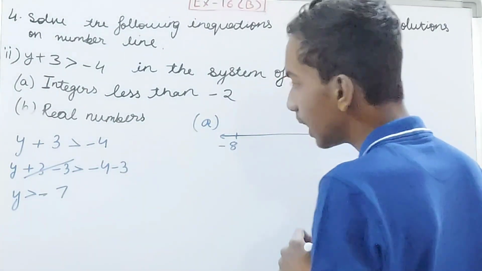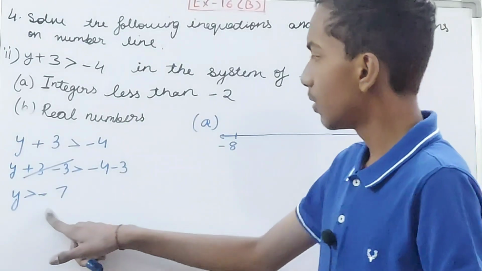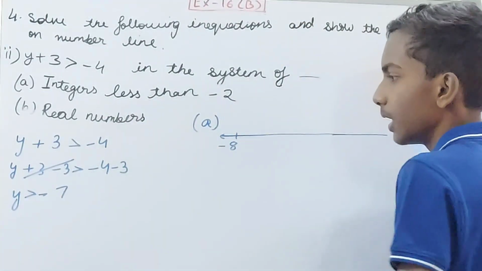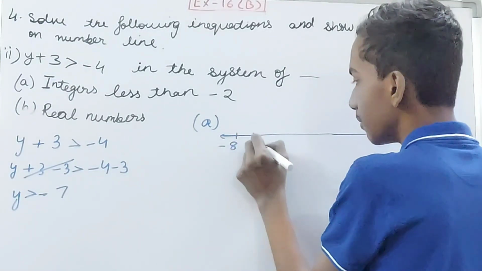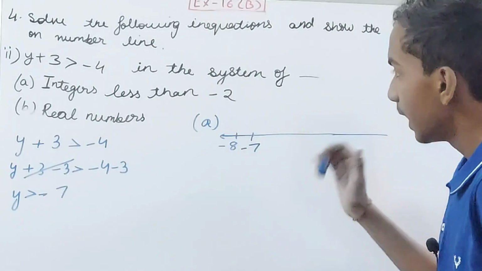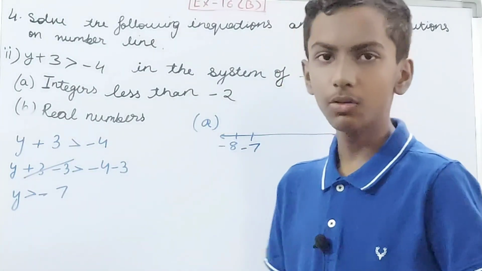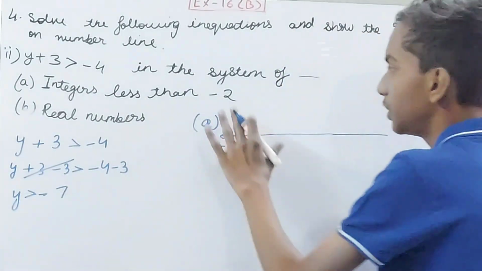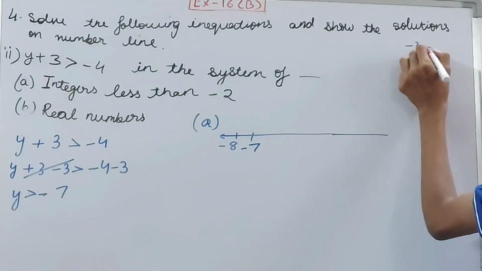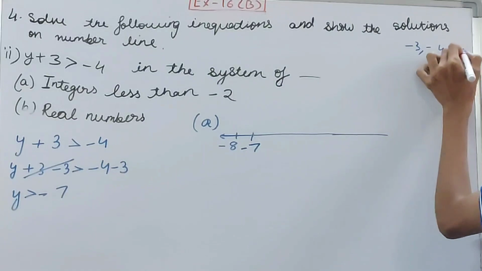Now, it is greater than minus 7, and whenever we are marking integers, it cannot be minus 7 because it is greater than minus 7. So we will leave this. Now come the numbers that will be the value of y, and it is also an integer less than minus 2. Which integers are less than minus 2? Minus 3, minus 4, minus 5, minus 6.